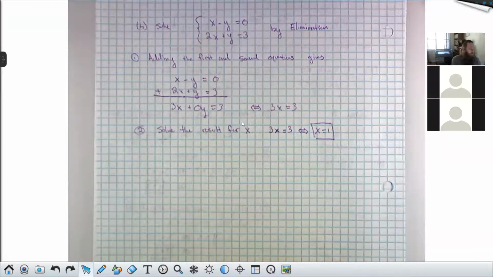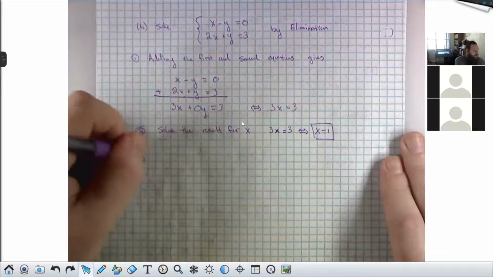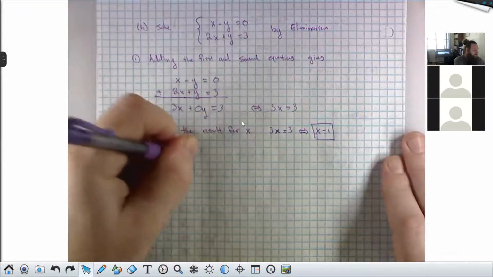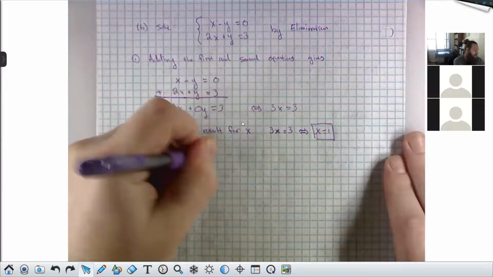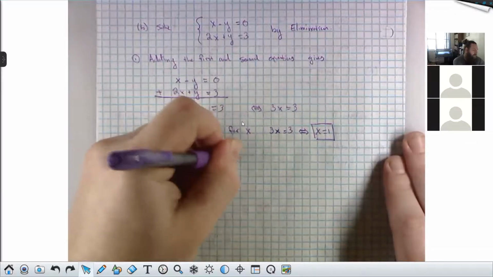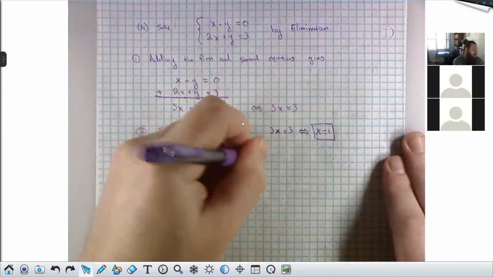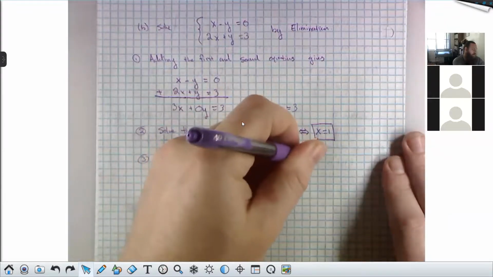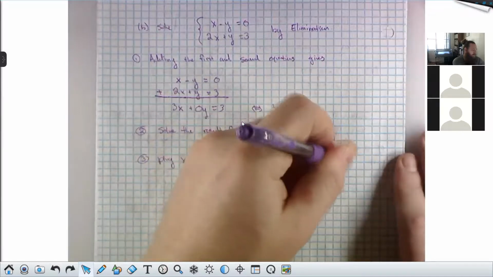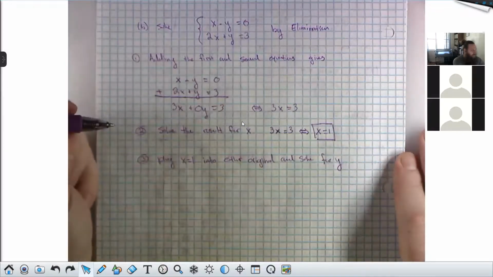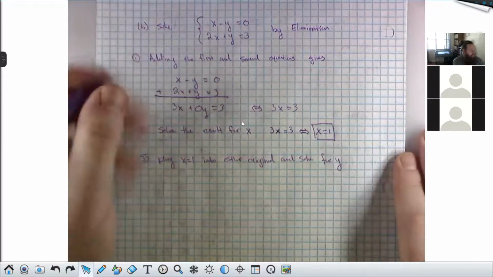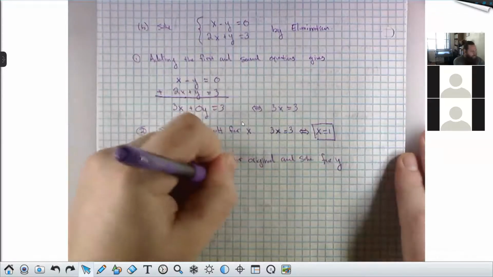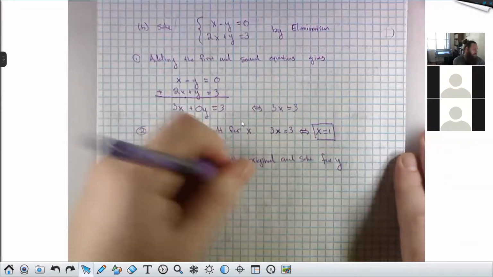And your last step is to back substitute. Now we plug x equals 1 into either original equation and solve for y. So maybe just for fun, I'll plug it in here this time. 2x plus y equals 3.